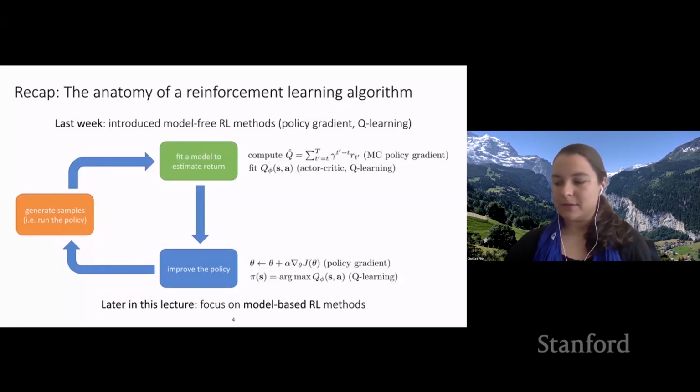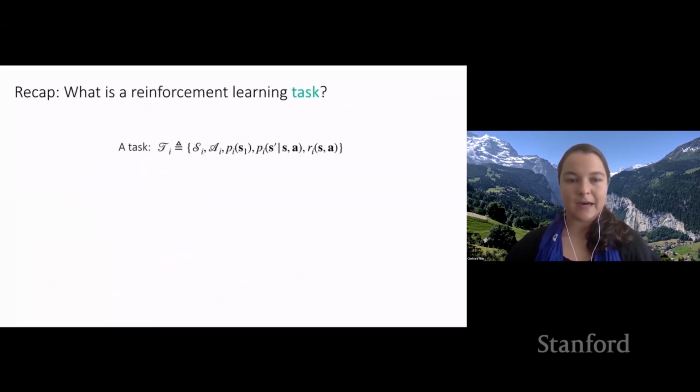We also talked about what is a reinforcement learning task. We talked about how a task corresponds to a Markov decision process with a state space, an action space, an initial state distribution, transition dynamics, and a reward, where all of these might vary across different tasks.